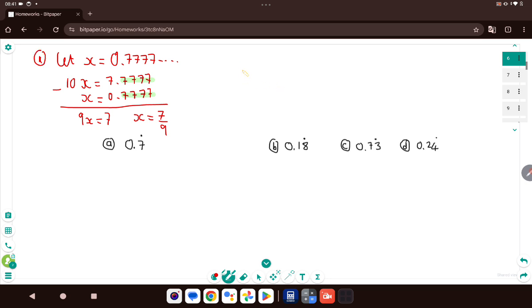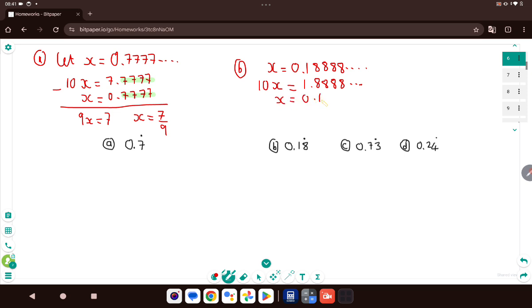Okay, let's have a look at B. This time, it's just the 8 that repeats. Multiplying by 10 again. So if you move all your numbers to the left, it would become 1.8 recurring. I'm going to line up the x underneath.